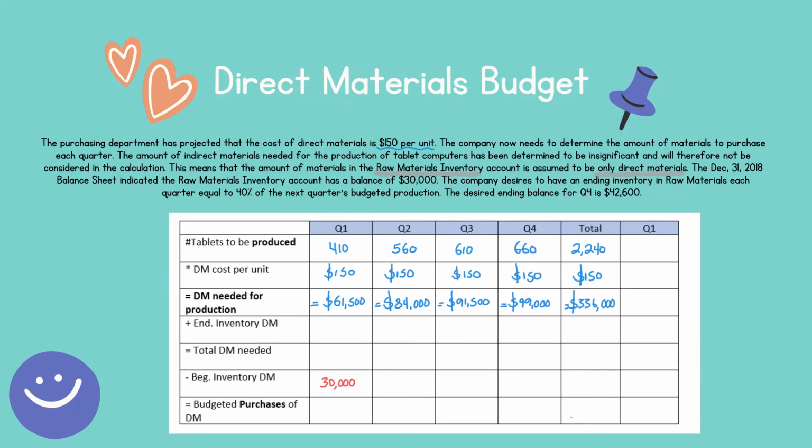Now the company desires to have an ending inventory in raw materials each quarter equal to 40% of the next quarter budgeted production. So here is the ending inventory equation. It's gonna be 40% multiplied by next quarter budgeted production.